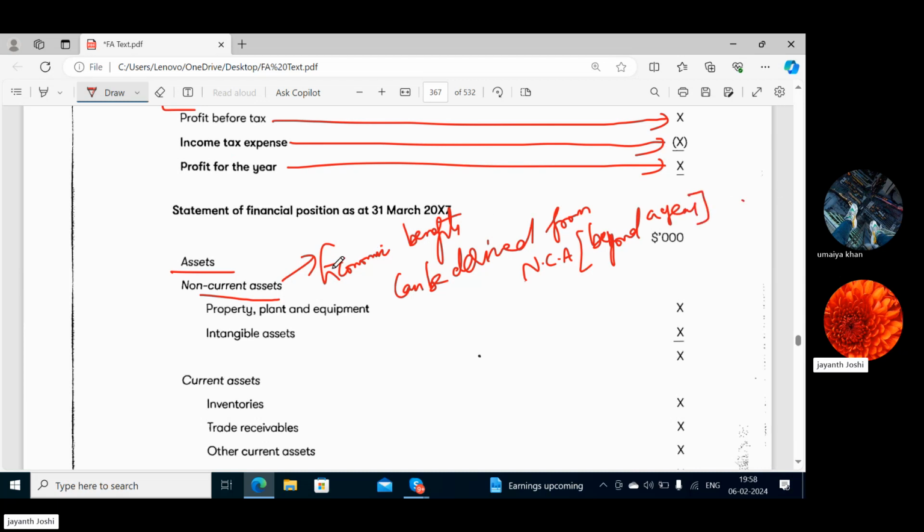So economic benefits you will be making, but not within a year; it will take more than 1 year to give you economic benefits. So examples of this are property, that is land, and plant and equipment, that is machinery. Land, buildings, you can take buildings as well.